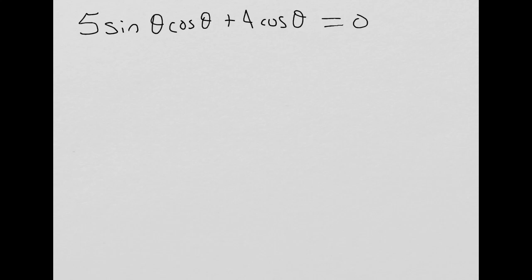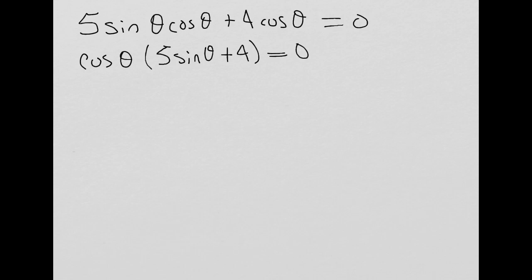But there's a cosine in both of them. Remember, this is an operator. Cosine takes in theta. This whole thing is treated like one object, and so I can factor it out. I'm left with cosine of theta times 5 sine of theta plus 4 is equal to 0.